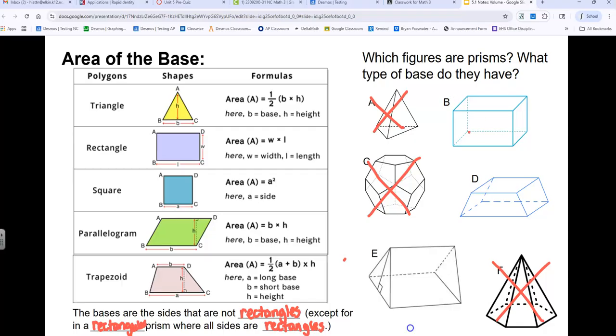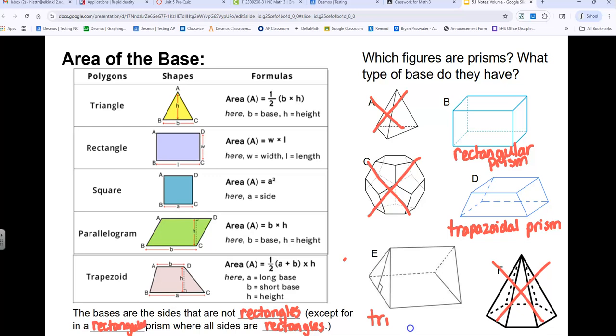What type of prism do I have for B? Rectangular. Okay. What about D? That's a trapezoidal prism. Okay, and what about E?